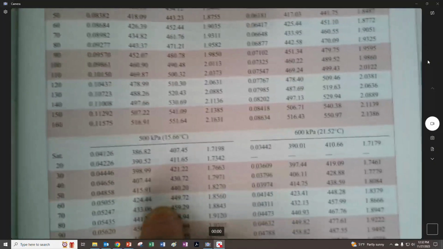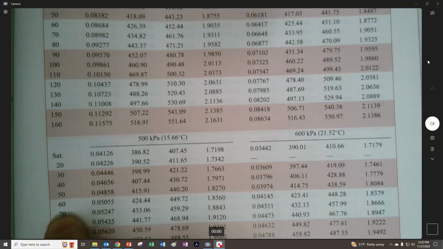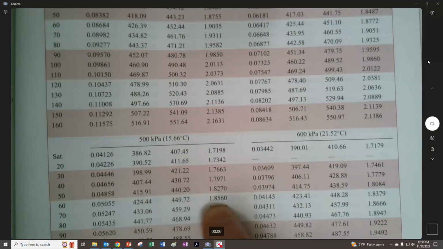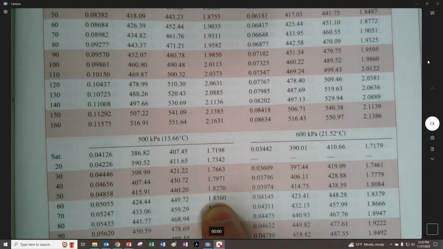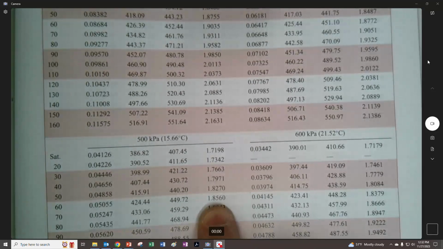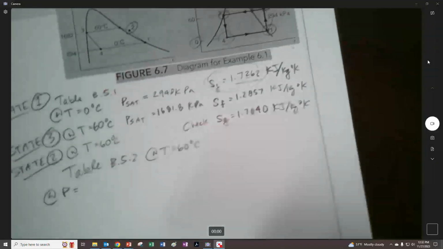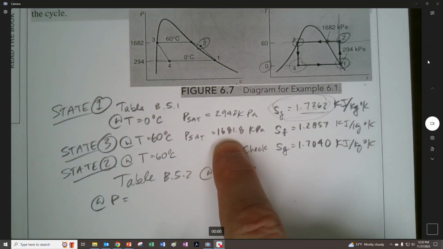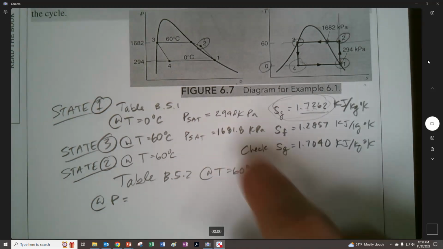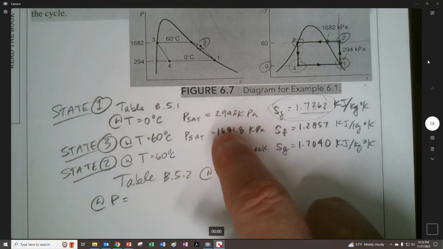I started out with 500 kPa, just randomly, and we see 1.8560. So that's no good. We should also have a clue that the saturation is 1.681, so we're going to be in that vicinity somewhere. But we need superheated steam, so it's going to be a lower pressure than the saturation pressure.